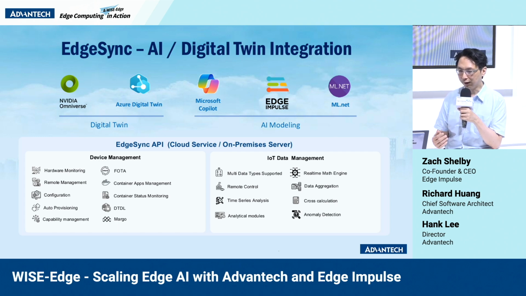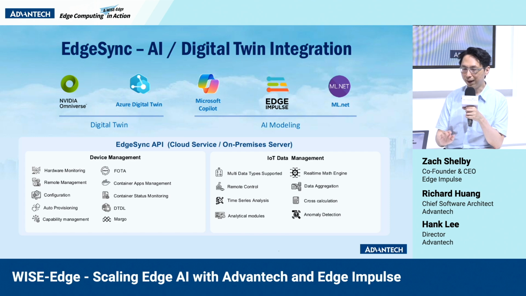And the second thing is, we provide a bunch of APIs, and most of them are for IoT data management. What does it mean, IoT data management? Because in the past, the traditional IoT platforms only focused on data collecting. But just like Zach said, high quality data is the key to building a feasible, reliable AI model.